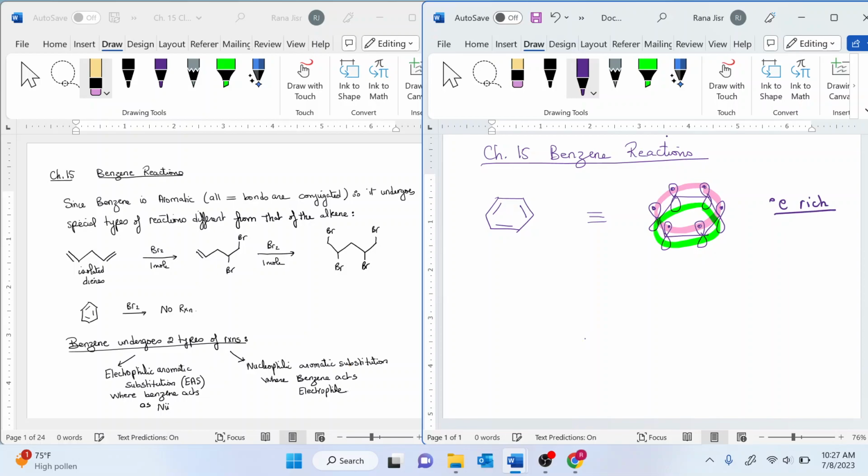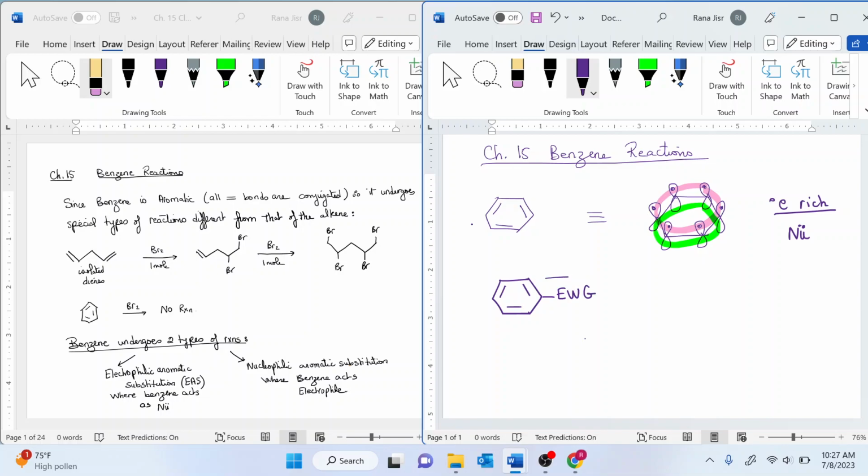So in most of the cases, when benzene in here has no substituents on it, or if the substituents donate electrons to the benzene, these are electron donating groups, benzene will be considered as a nucleophile. There are cases where you have benzene, and on the benzene, you will have an electron withdrawing group in there.